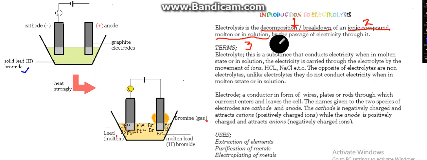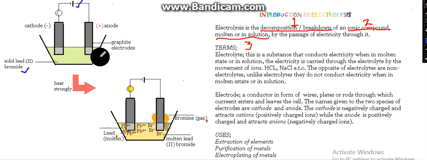It's because if you look at passage of electricity, yes, there's a cell there. But why does it not light? It's because it is not in molten or in solution form. Why? Molten or in solution form enables the ions to be able to move, and if they cannot move, the bulb will not light.